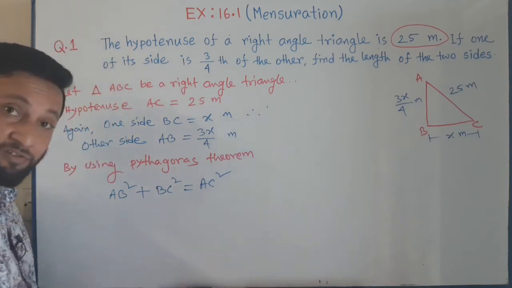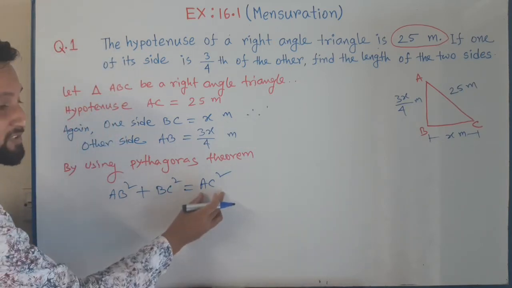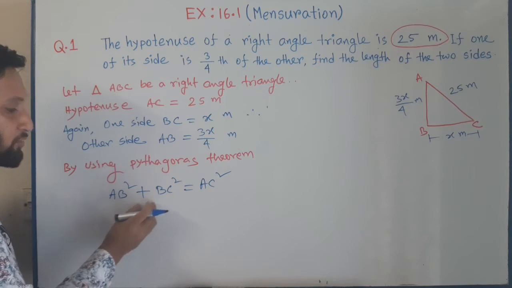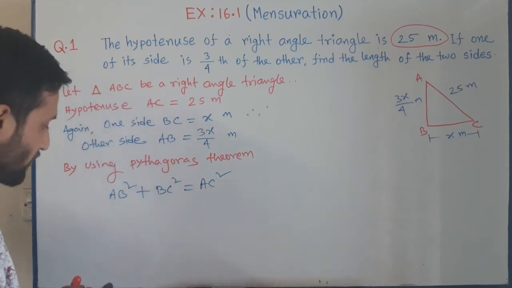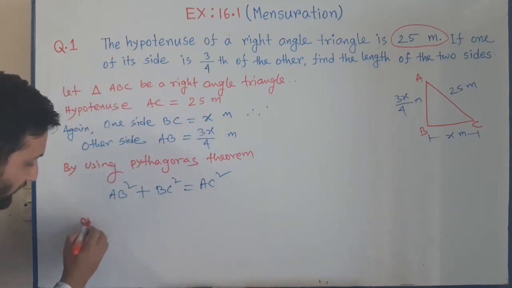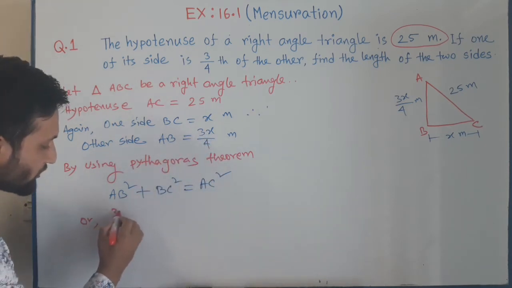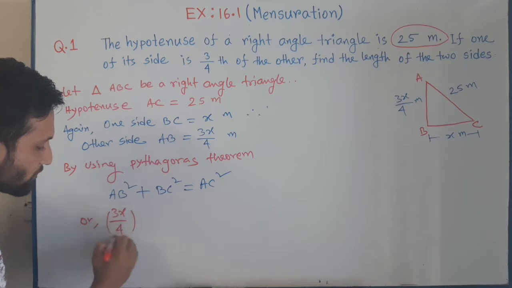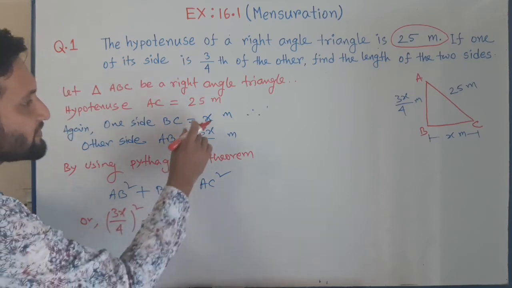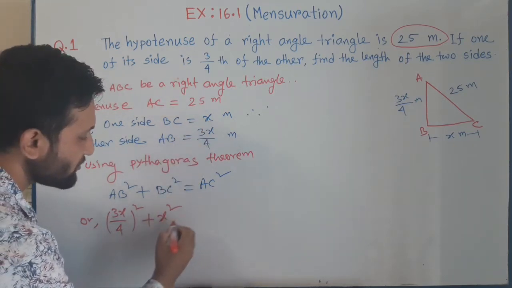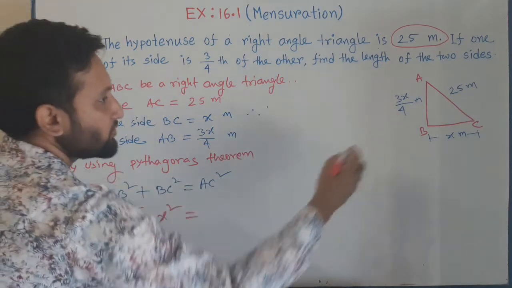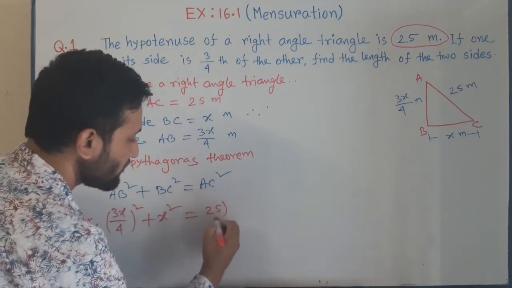This is the Pythagoras theorem form: hypotenuse square is equal to the sum of the other two sides' squares. Here AB is 3x/4, so (3x/4) square plus BC, x square, equal to AC square, that means 25 square.